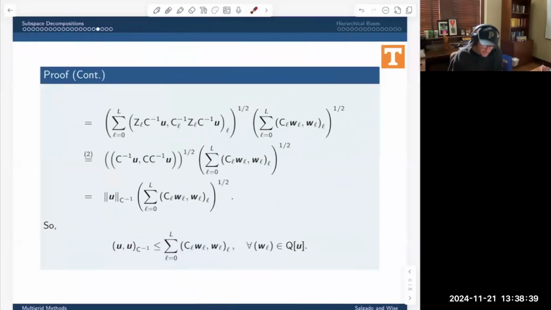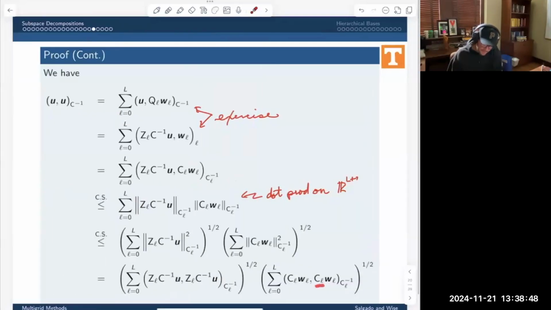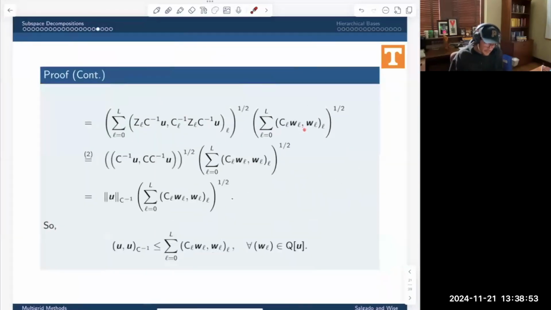And that's exactly what I did. I created the identity on the right-hand side by moving that C_L inverse up, and it attacks the C_L. C_L inverse times C_L gives the identity.